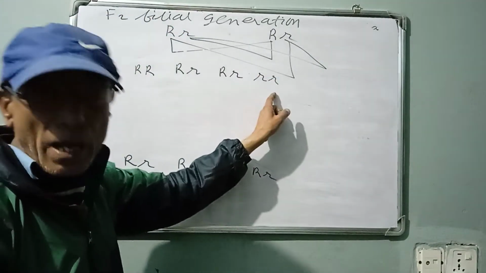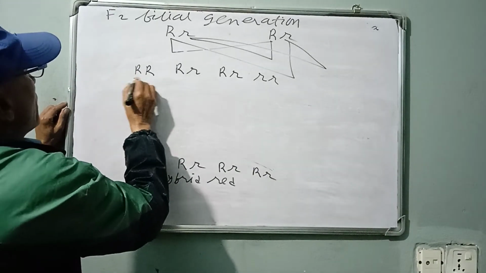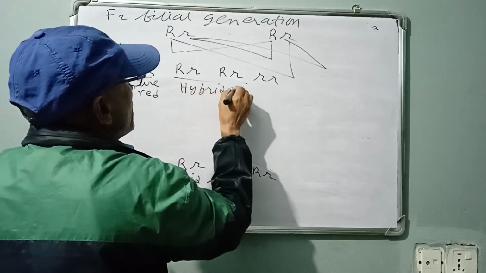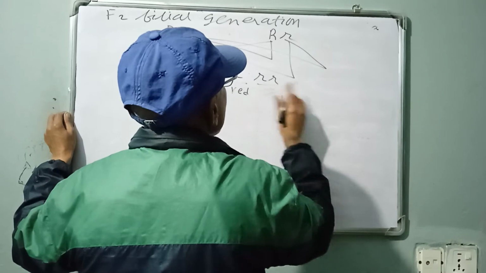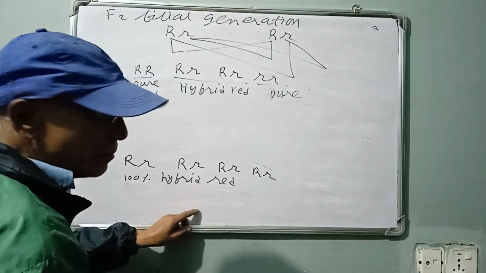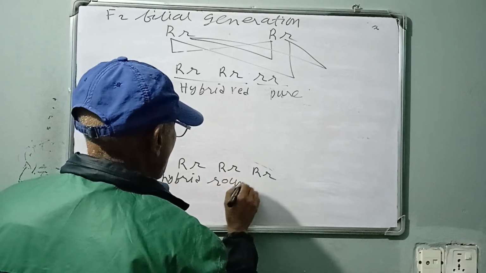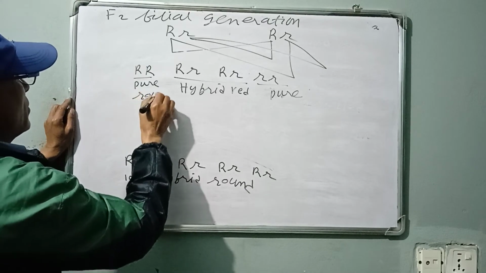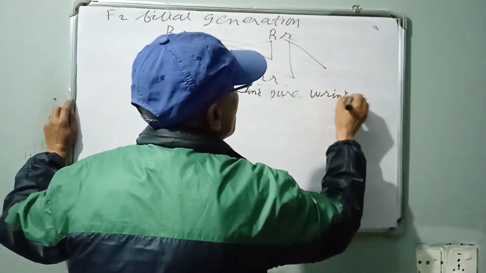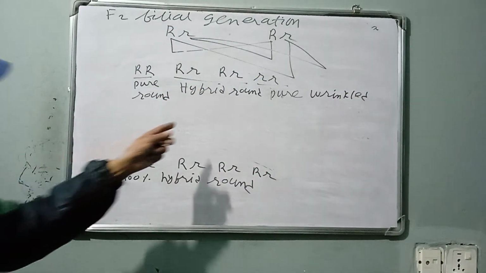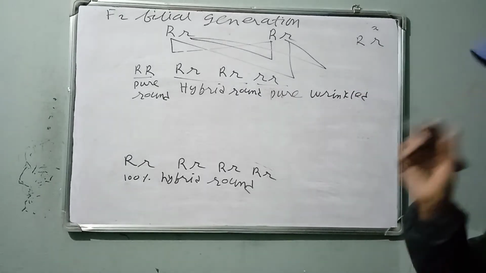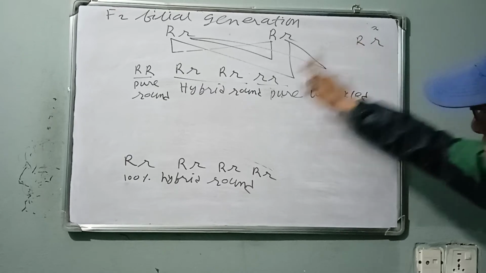Capital capital is pure, capital small is hybrid, and small small is pure wrinkled.